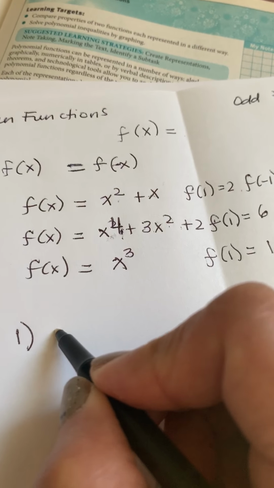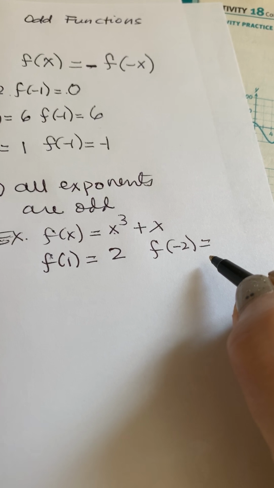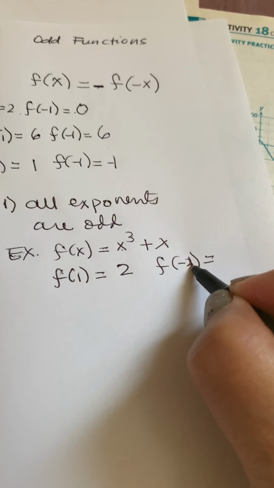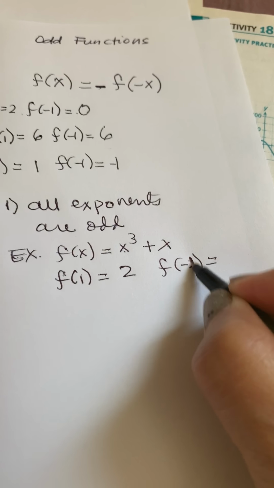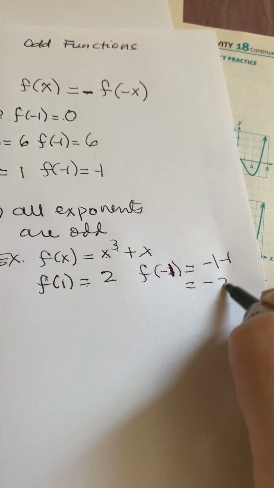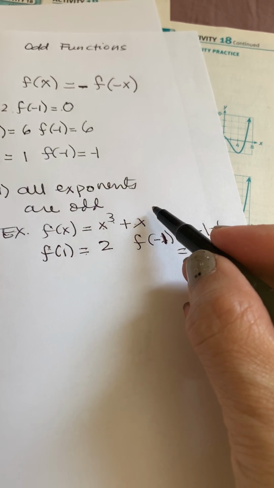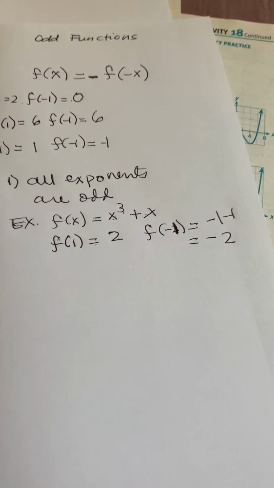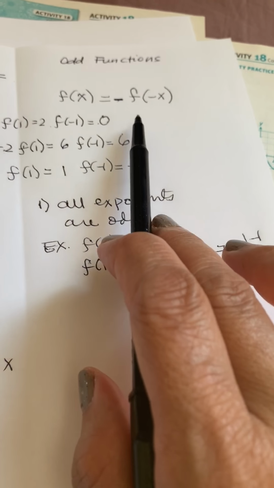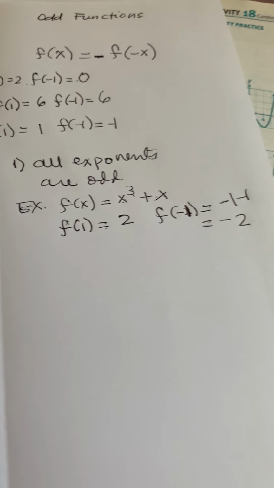What is f of negative 1? Negative 1 to the third is negative 1, and negative 1 plus negative 1 is negative 2. So F of 1 is 2, f of negative 1 is negative 2, the negative of this. So it's still odd. But try to make this x squared, and you will see it will not follow this rule anymore. I cannot show it here because I have to keep this short.